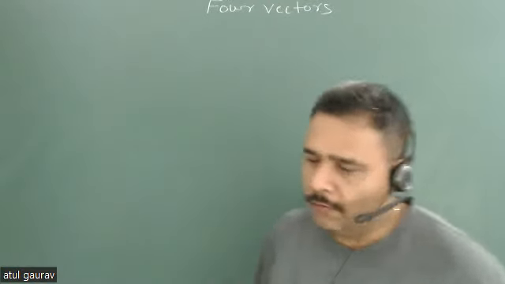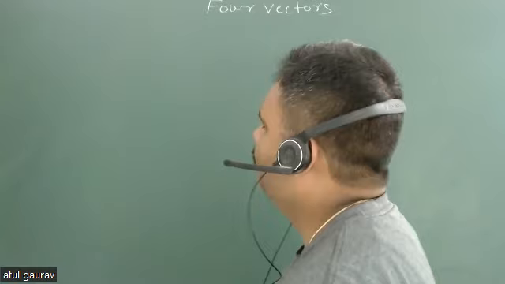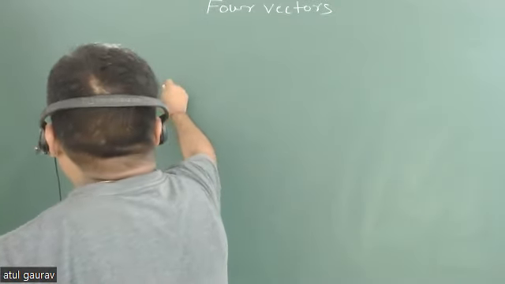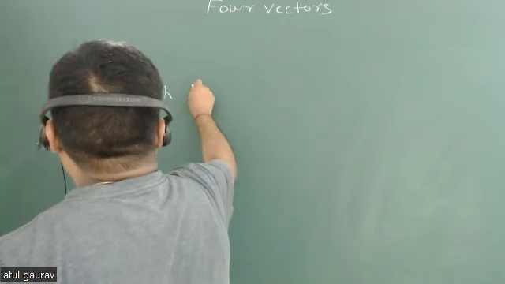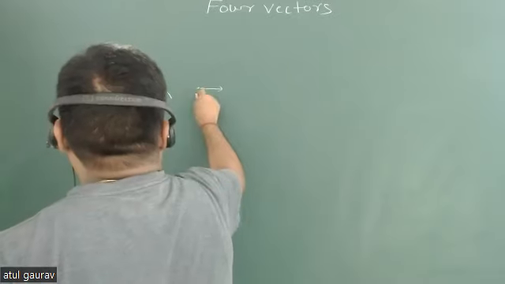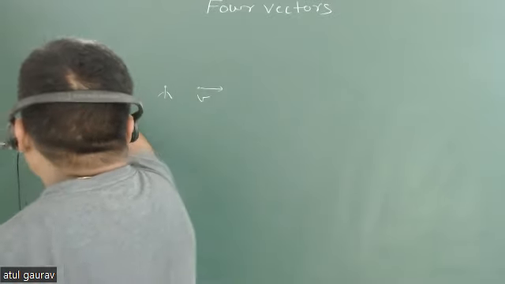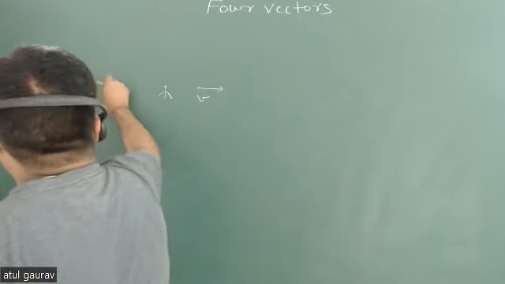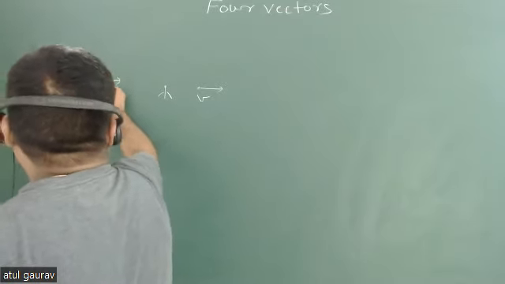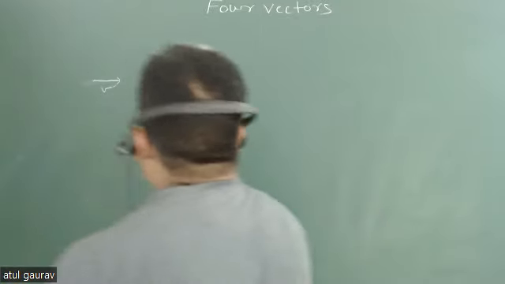So let's try to go for one particular problem, and it's a very simple problem. There is an observer, and one source of light moving away from the observer with velocity v, and another source of light moving towards the observer with velocity v.